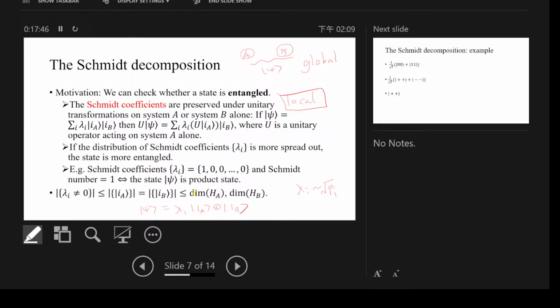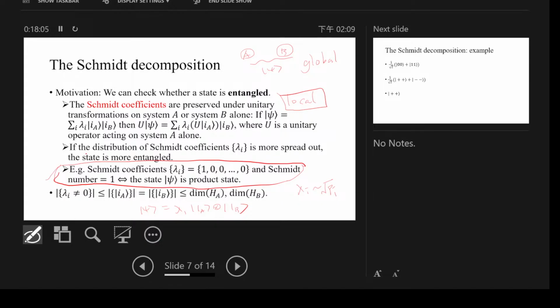So I should circle this here. This is why people want to count the Schmidt number, because if your Schmidt number is 1, then your state is a product state. And if your Schmidt number is not 1, then your state is not a product state.